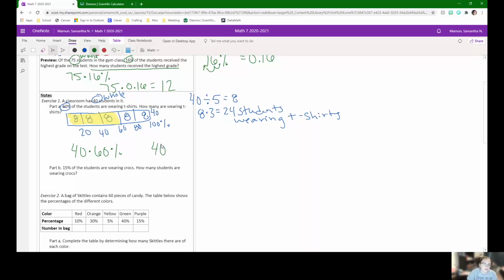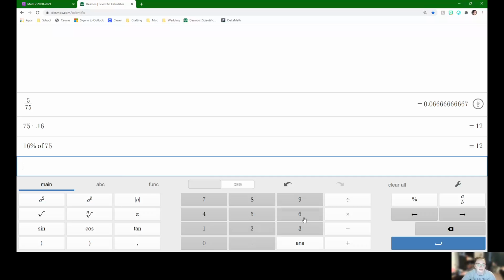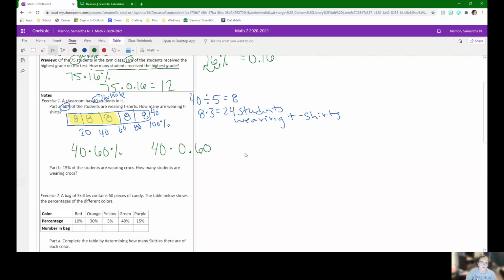It would have to be 40 times 0.60, or if you want 60% of 40, we can type it on Desmos as 60% of 40, and it will tell us that it is 24. So any of these ways work, as long as we're showing our work and how we got to our answer.